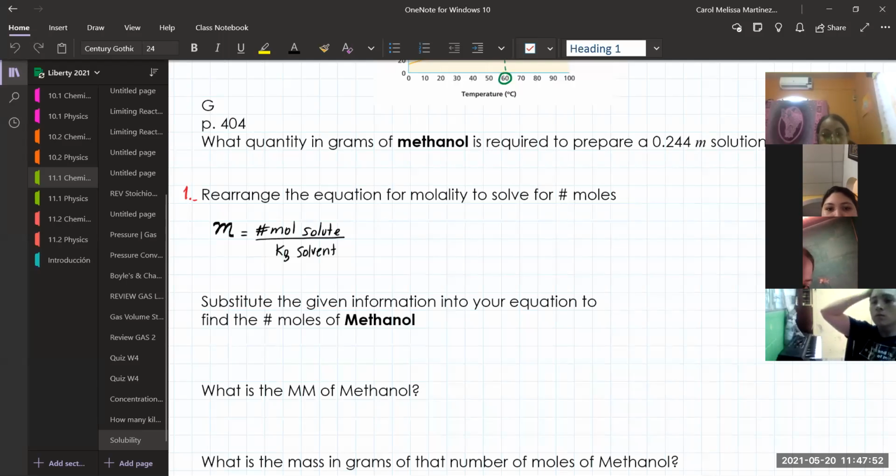I haven't identified the solute and the solvent, but we can do it right now. In this exercise, as I told you before, we have methanol and we have water. We need to identify the solute and the solvent. The solute is the substance that is going to be dissolved. So what substance is the solute here?